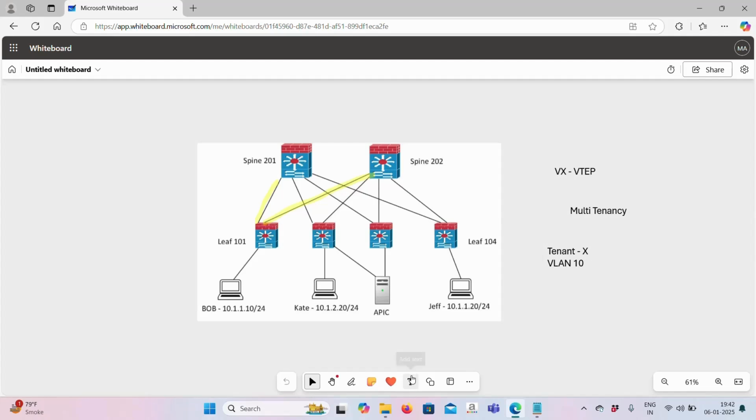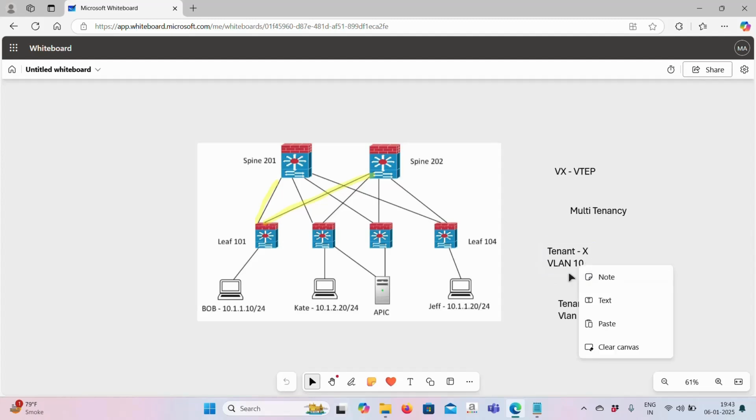We have created another tenant, for example tenant Y, for customer Y, and this customer is also using VLAN 10 in the ACI network. Now, how will we segregate the traffic of VLAN 10 of the two different tenants, that is tenant X and tenant Y? That's why VXLAN helps us here.